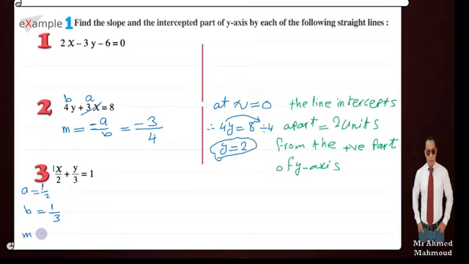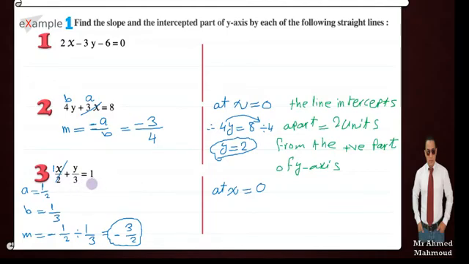So m equals negative a over b, which is negative 1 over 2 divided by 1 over 3, which is equal to negative 3 over 2. This is the slope. And at x equal to 0, so I will cross out x, then y over 3 equals 1, so y equals 3.